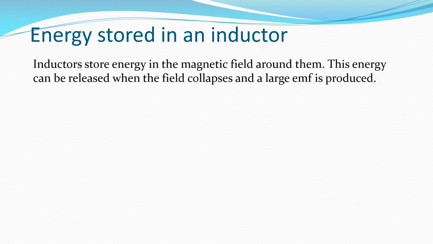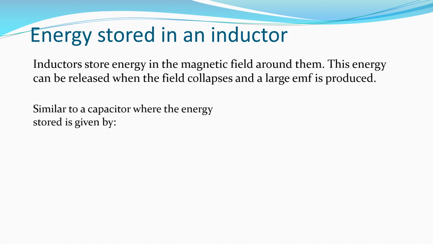However, that energy, when the magnetic field collapses, doesn't just disappear, it has to go somewhere, and it goes to produce a large EMF in the opposite direction. Remember, EMF, a potential, is giving work to charges. In this case, the work energy is given to the charges in the opposite direction from where they came.